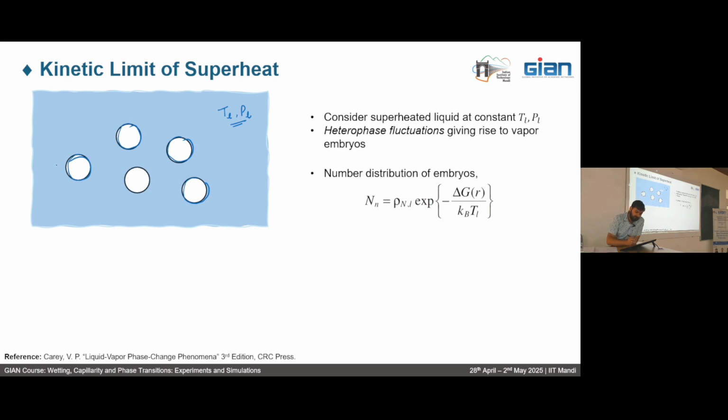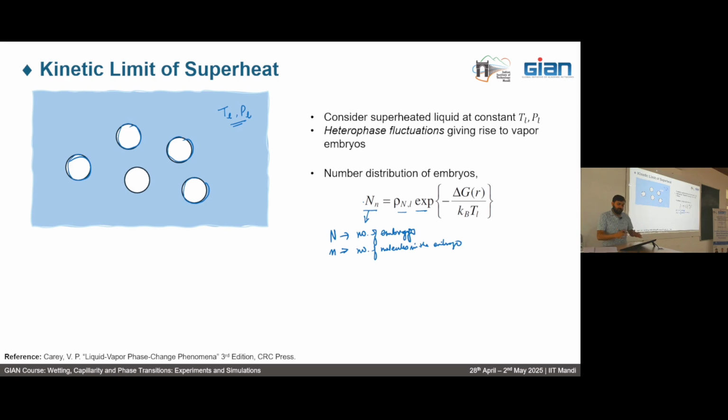So we can write it as Nn is equal to rho Nl times exponential of minus delta G by KB TL. Here Nn is the number of embryos having small n number of vapor molecules. So capital N represents the number of embryos and small n represents the number of molecules in that embryo.